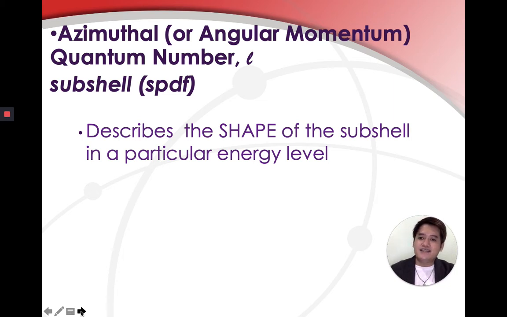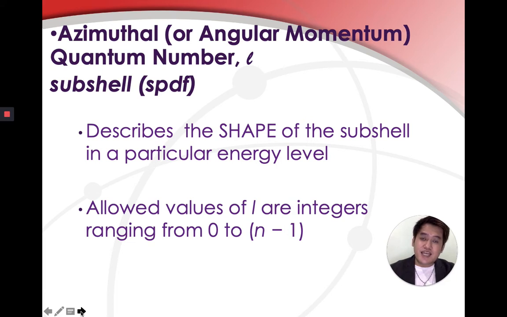The azimuthal quantum number describes the shape of the subshell in a particular energy level. In an energy level, there could be one, or two or more subshells, and we'll find that out later on.